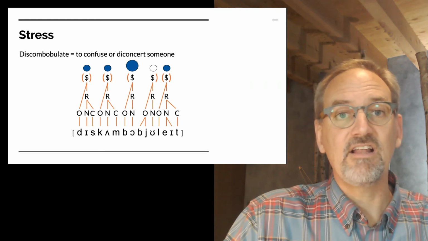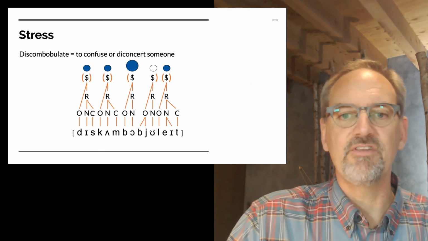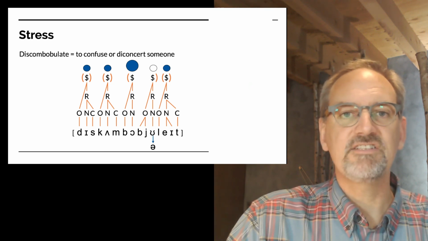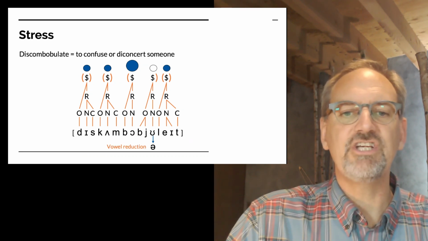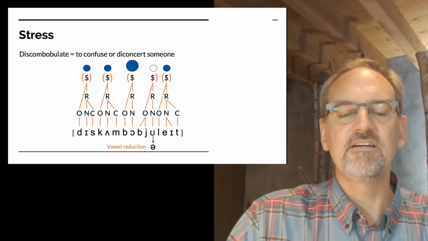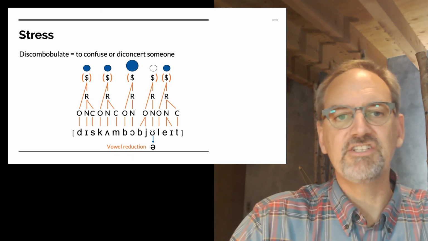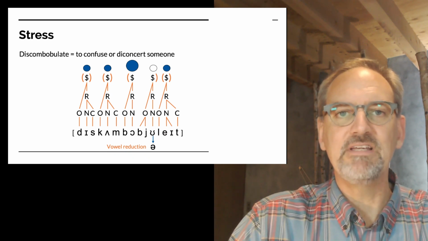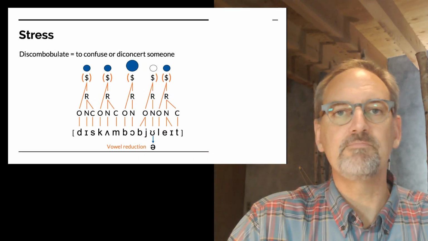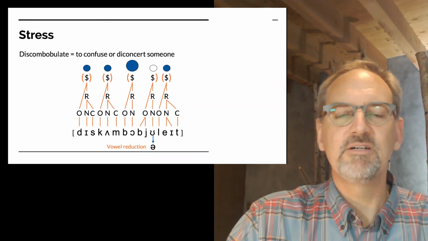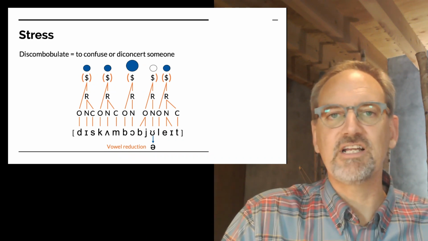And notice that one unstressed syllable, the by, that's the context where we would expect to see vowel reduction. The vowel changes to schwa, and that's why in the pronunciation of discombobulate, the by is just a schwa, but all of the other vowels are clearly pronounced.